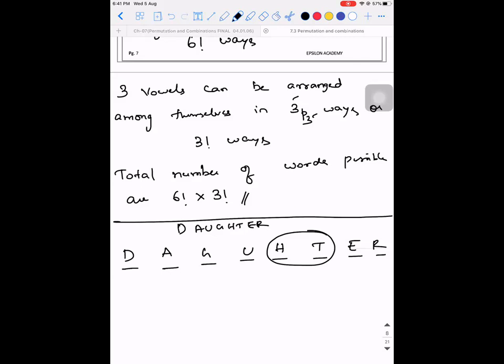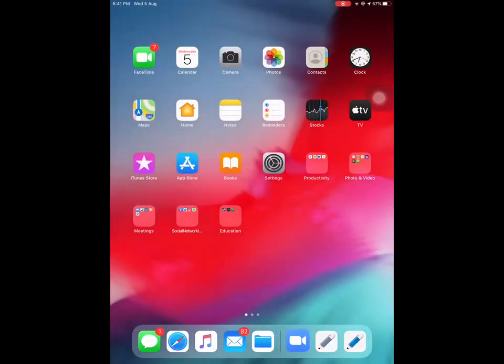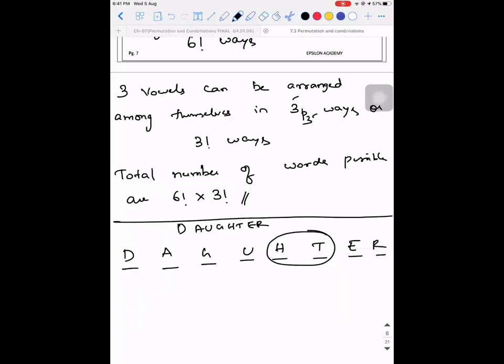Any idea? Are you guys there, first of all? Now tell me how to proceed. So how do we proceed? See, if I put it like this, one problem that we will face is we won't know anything about the consonants because we cannot fix the positions for the objects.